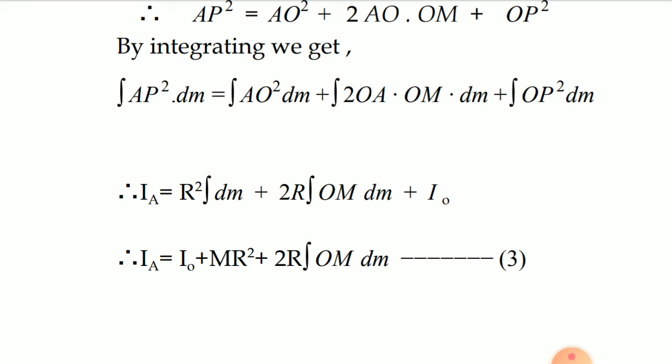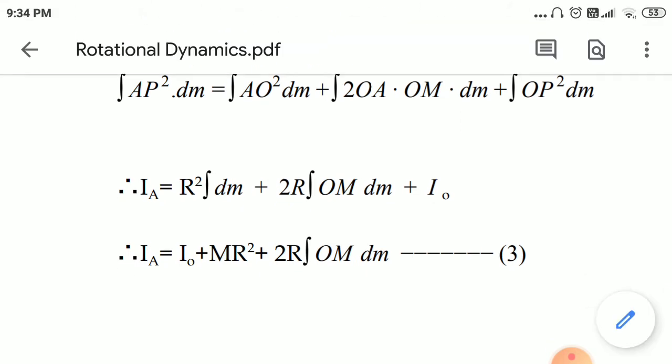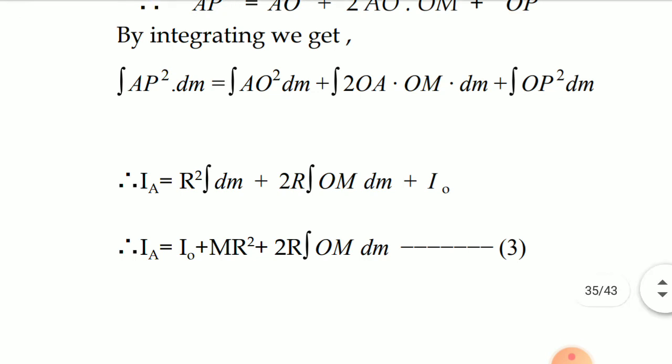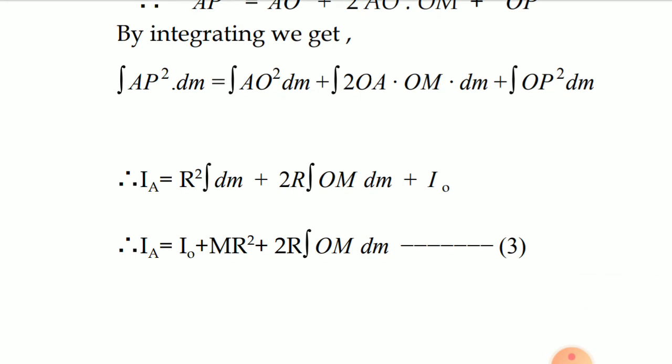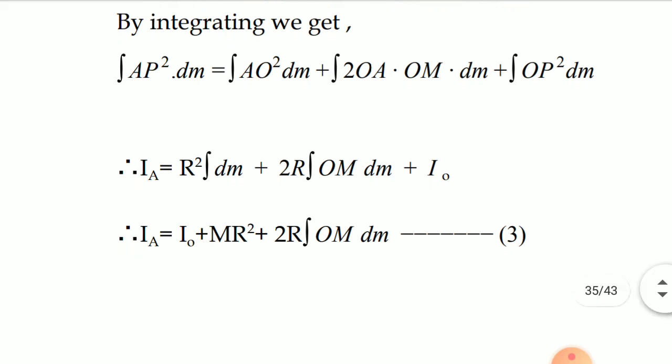So it will be R squared into integration dm, plus twice integration OA into OM into dm, plus the integration of OP squared dm, whereas that last term, the integration of OP squared dm, is actually equal to IO here. Then I find that IA becomes equal to this IO plus MR squared plus 2R into the integration of OM dm.